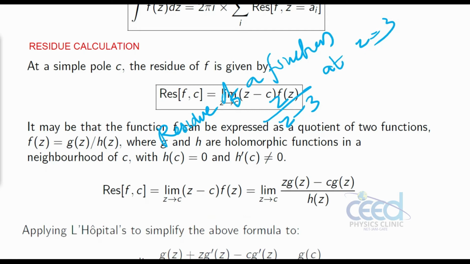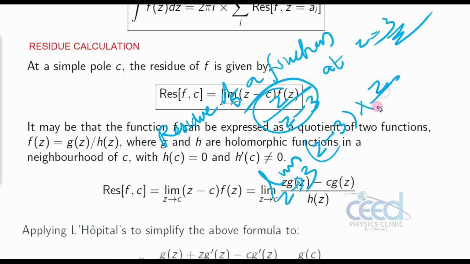You can apply the formula: limit as z tends to 3 of (z minus c) into f of z, where c is equal to 3. So that is (z minus 3) into f of z, where f of z is the given function, z by (z minus 3). The (z minus 3) terms cancel, so you can put z is equal to 3 here. So the answer is 3, right?